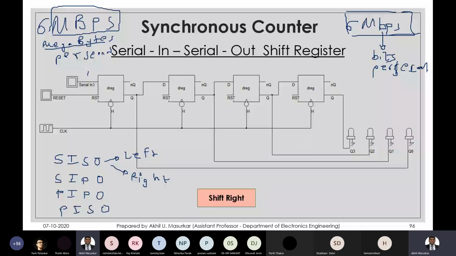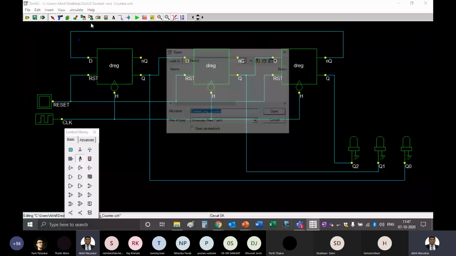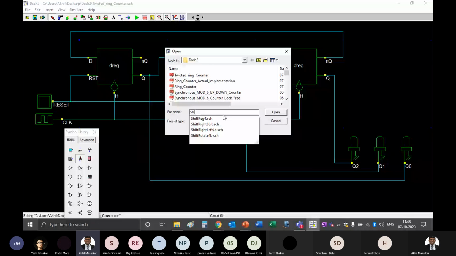Since the data flows from, it is a shift right, so it will go from, I'll just show you that. So serial in, serial out.